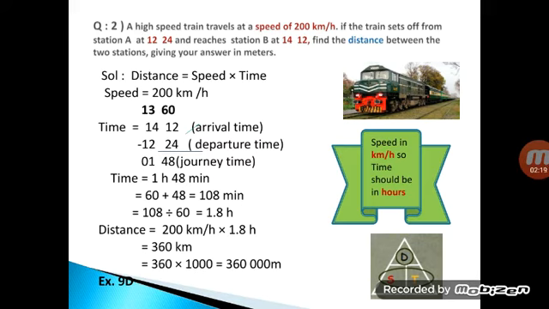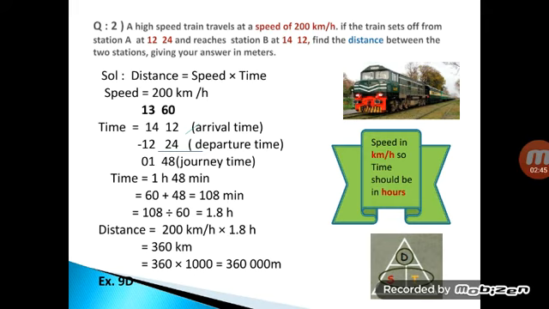Speed is given as 200 km per hour, which means distance is in kilometers and per hour shows that the time we use must be in hours only. Now two times are given, the departure time and the arrival time.